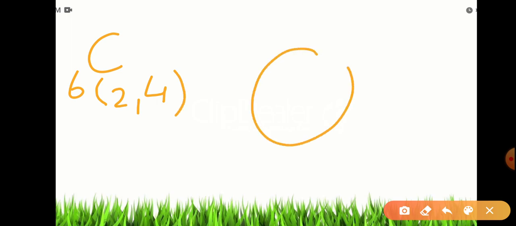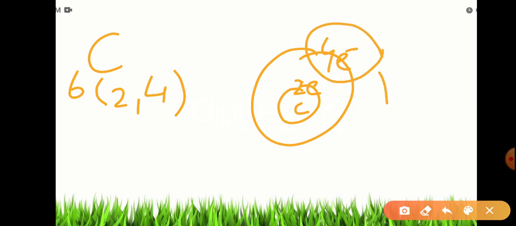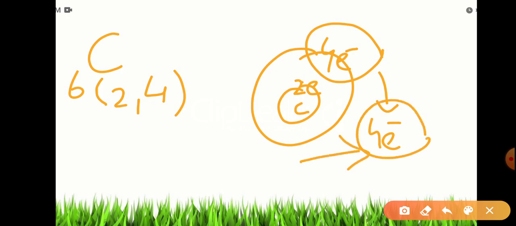Its first shell has 2 electrons and its last shell has 4 electrons. So its valence electrons are 4. In order to complete its octet, either carbon will accept electrons from somebody, or it will give away these 4 electrons to somebody. In both cases carbon's valency will be 4.